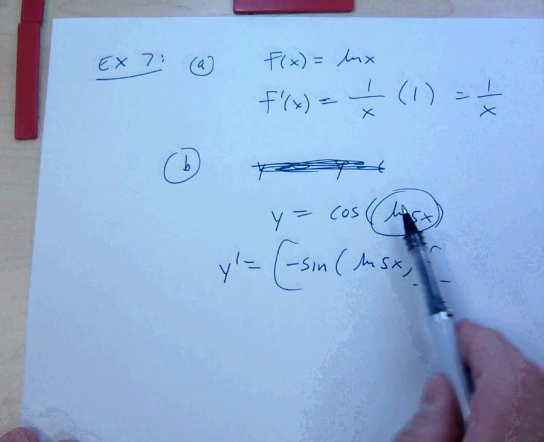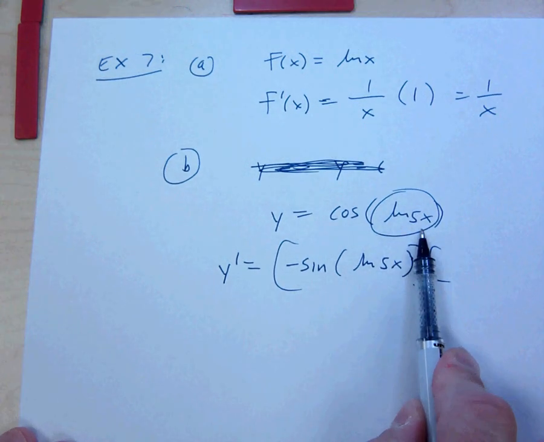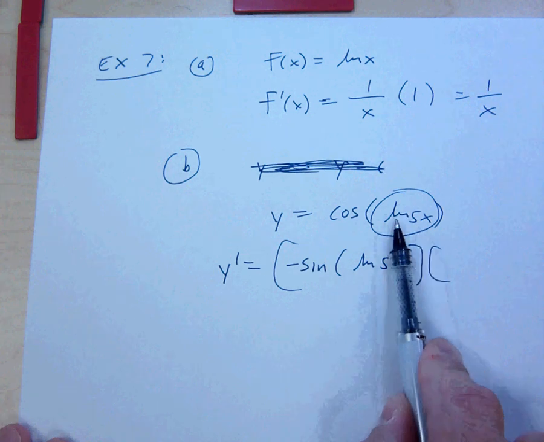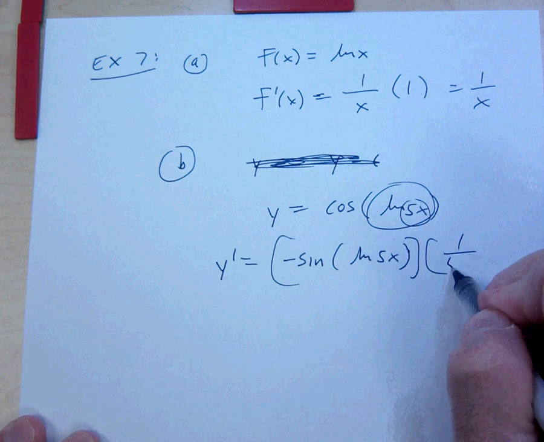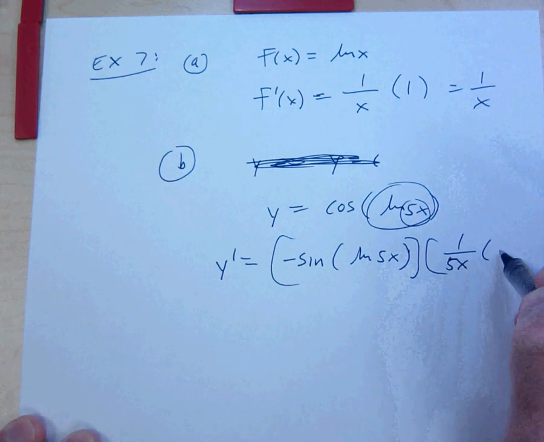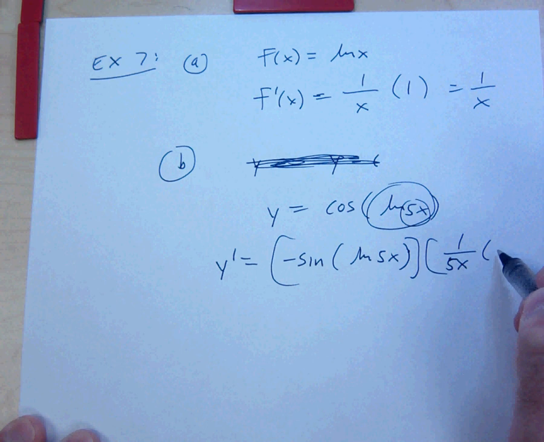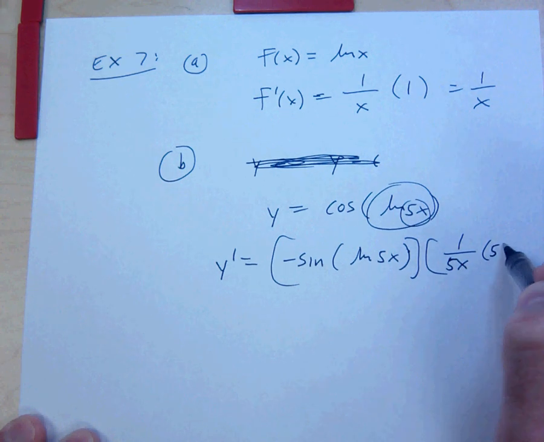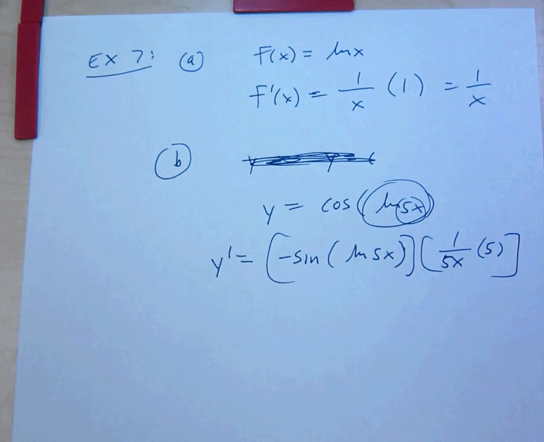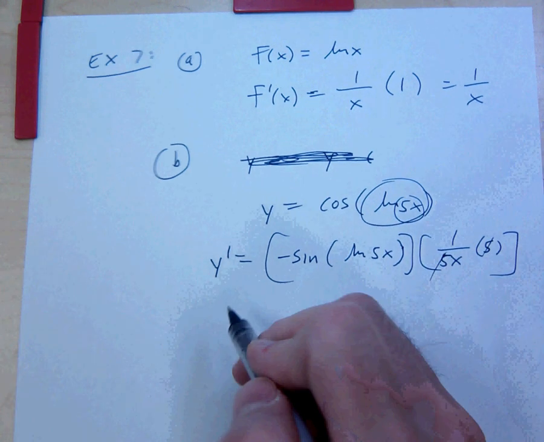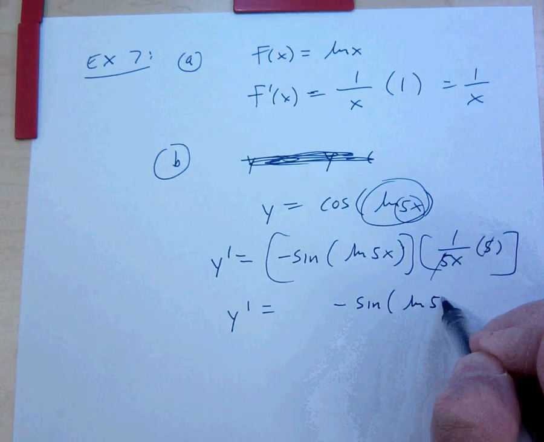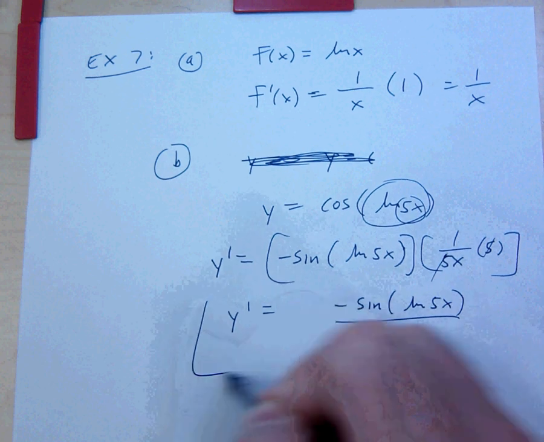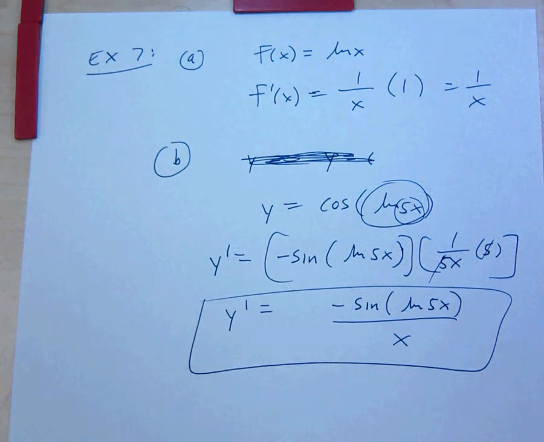Now to take the derivative of that, don't you need the new rule that I just showed you? And so what's the derivative of natural log of 5x? 1 over 5x, and then times the derivative of 5x, which is what? 5. Good. Does that make sense, guys? Okay, and by the way, those 5's cancel, and so this is the way I would write the answer. Make sense, guys? Okay.